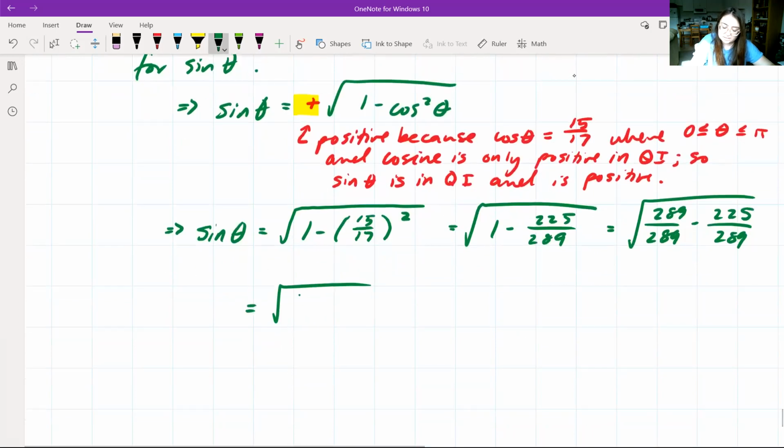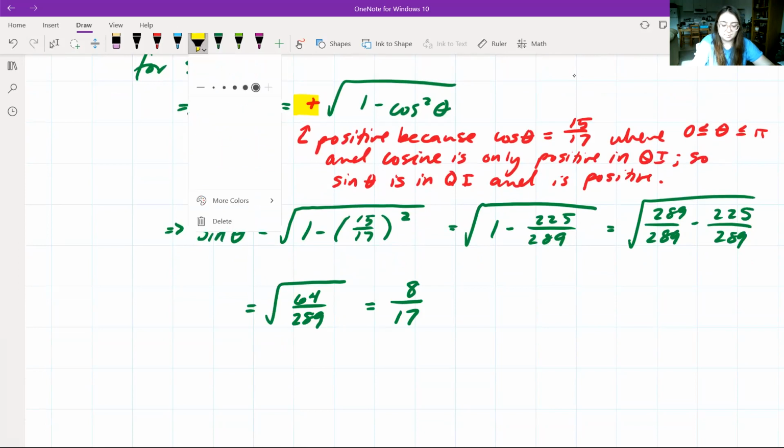And this ends up giving us 64 divided by 289. We know that the square root of 289 is 17 because we already took the square of 17 to find that value. And lastly, the square root of 64 is 8. So sine of theta is equal to 8 over 17.